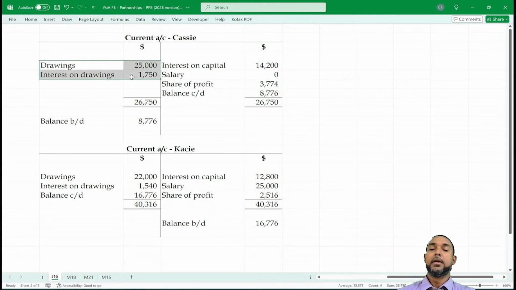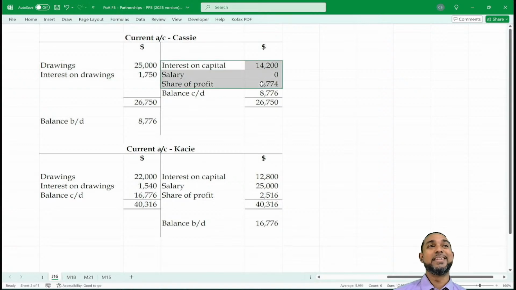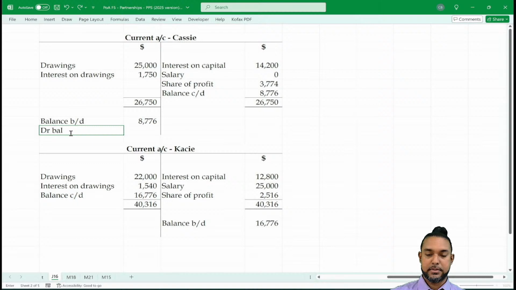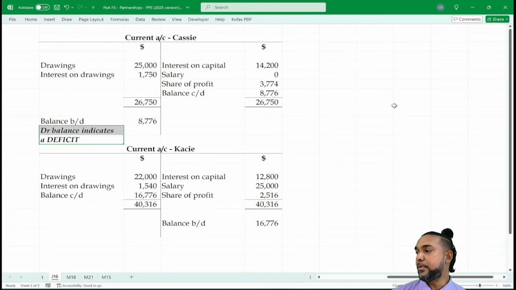So what ends up happening is if you withdraw more than you earn, you end up with a deficit on your current account. Right? So this debit balance indicates a deficit. Right. So when the partner invests capital into the business, what the interest does is it's like a reward for the investment. Right? So it's the partner's earnings, yes.